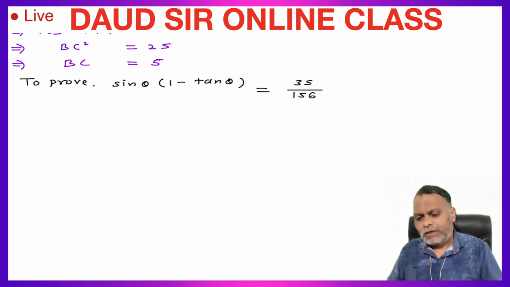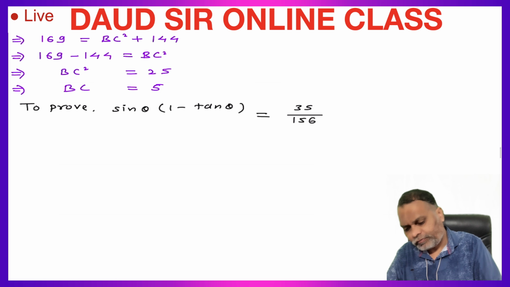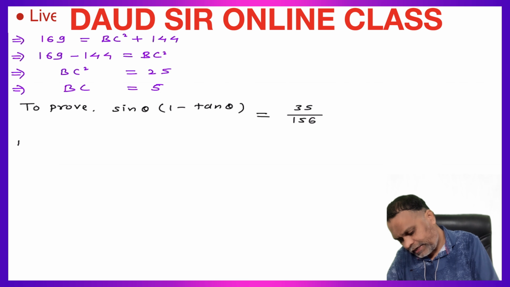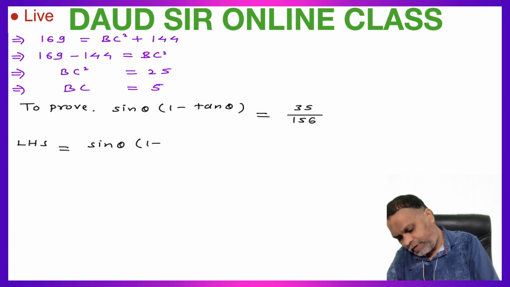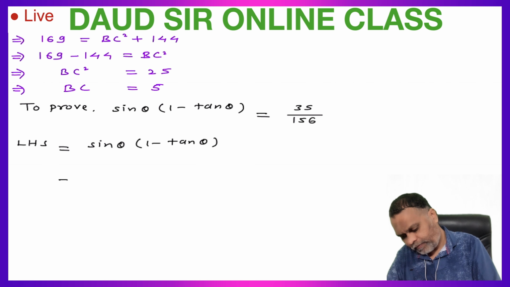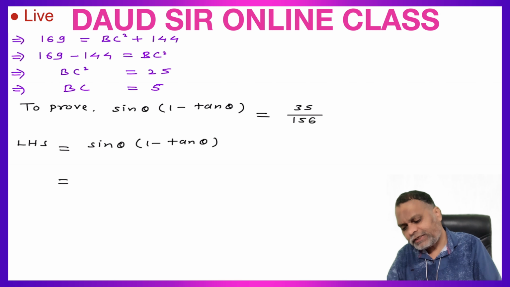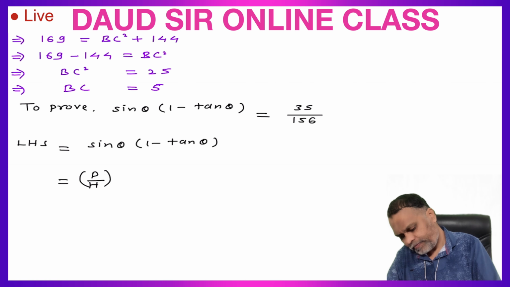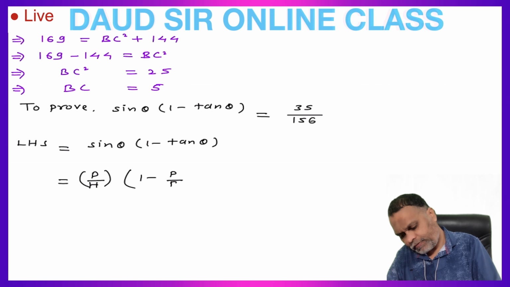So taking LHS, sin theta into 1 minus tan theta. This sin theta can be written as perpendicular upon hypotenuse, and tan theta can be written as perpendicular upon base.